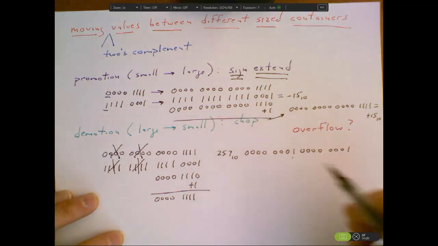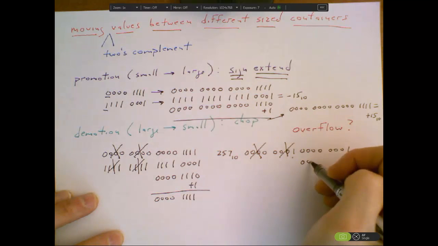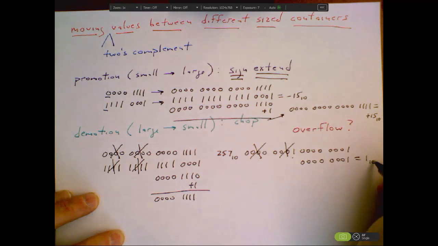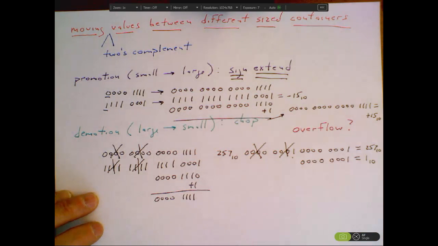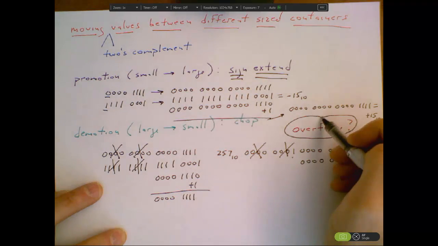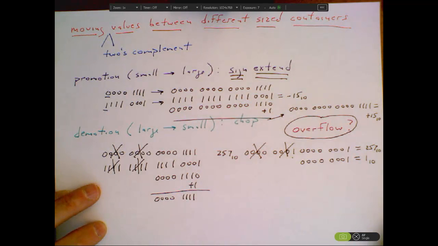But now, if I just throw away the upper bits, I obviously don't get, it doesn't work, right? Because now I've got the value 1 rather than the value 257. And this is the phenomenon, again, of overflow. The 257 overflows an 8-bit container. I can't represent the value 257 in a 2's complement 8-bit container. It's too big. How do I know that?